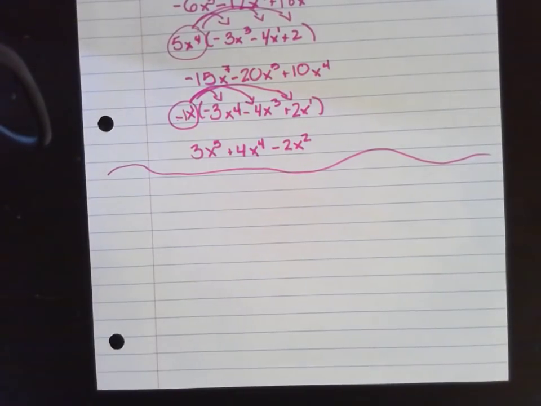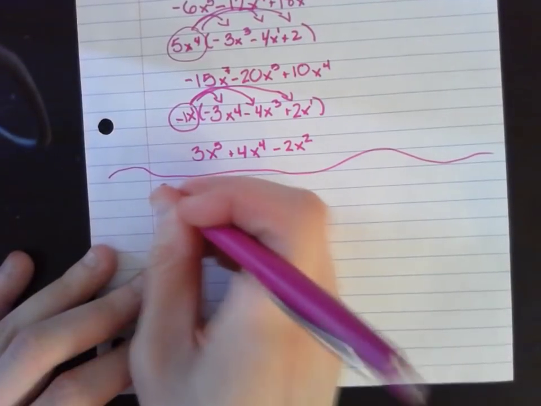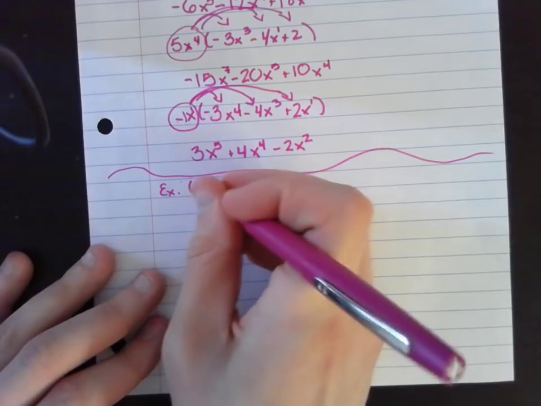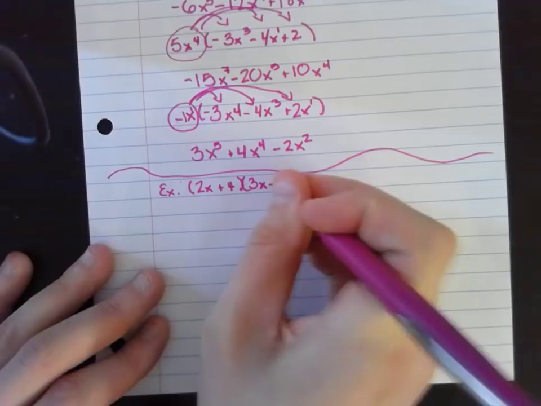So, what happens when we don't have one term? What happens when we have to multiply two terms? 2x plus 4 times 3x minus 2.